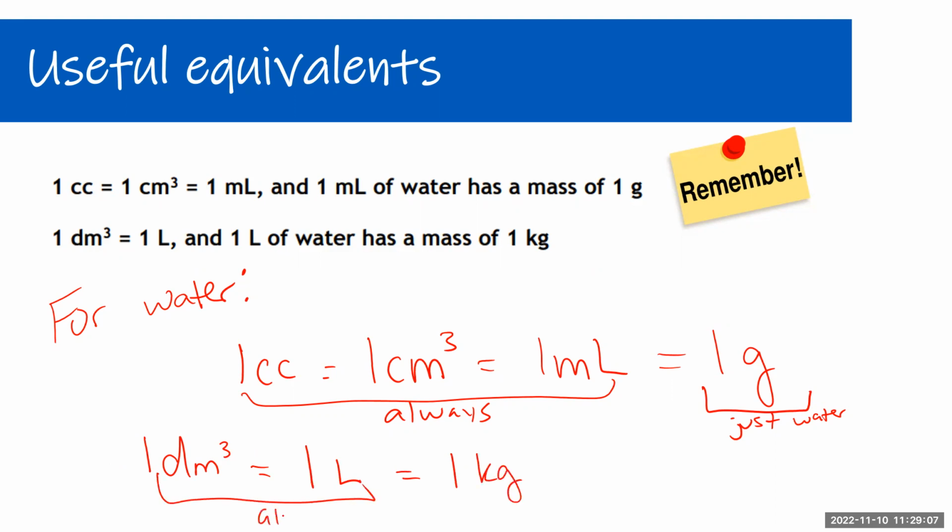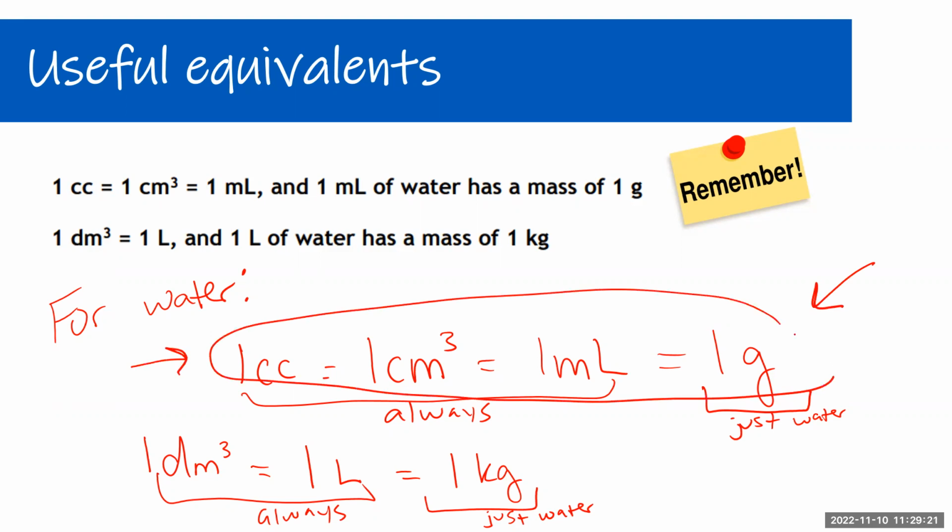This is always true. The mass part is just true for water, okay? Certainly know this part. This first one I would certainly commit to memory. Cubic centimeter equals cc equals milliliter equals gram if we're dealing with water, okay?